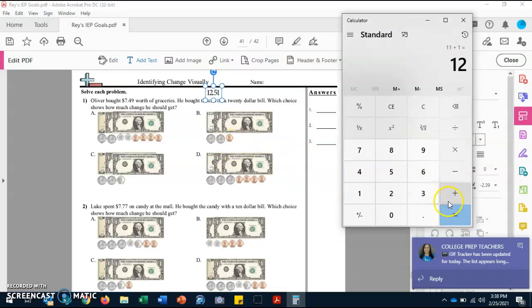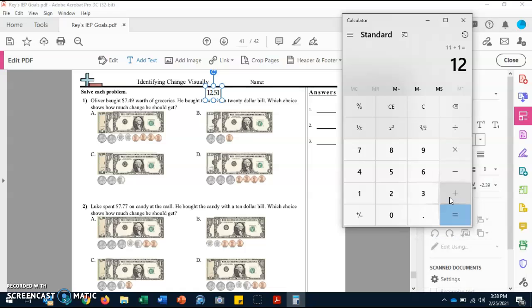So we can add it together. We can add plus 0.25, and then we have another quarter, so we can add it again, 0.25, and then that gives us $12.50, but we're looking for $12.51, and then look, we have a penny.